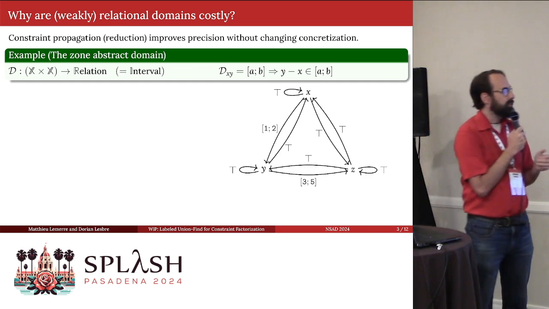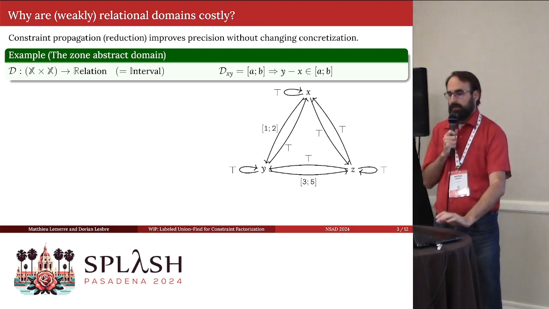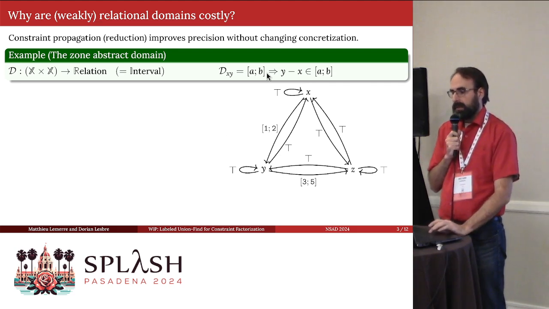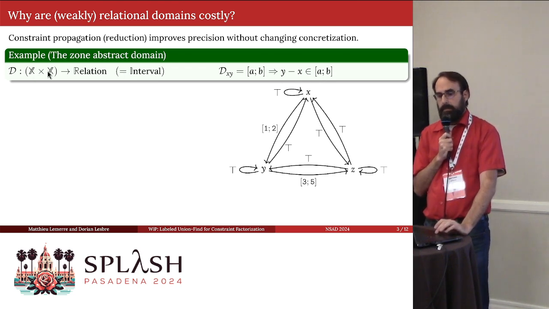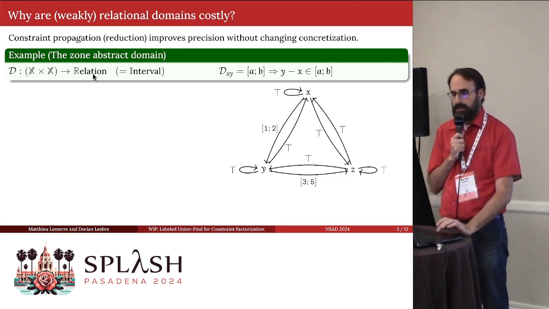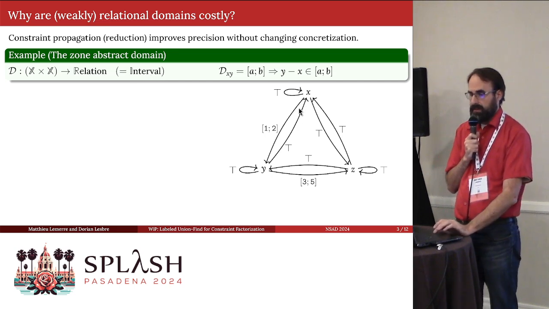So I will be using as an instance the zone abstract domain, so relations of the type y minus x is in some interval, and I will be representing them as a pair of variables mapping to some abstraction of relation. So here I will be using an interval. So for each pair of variables, I'm using an interval.